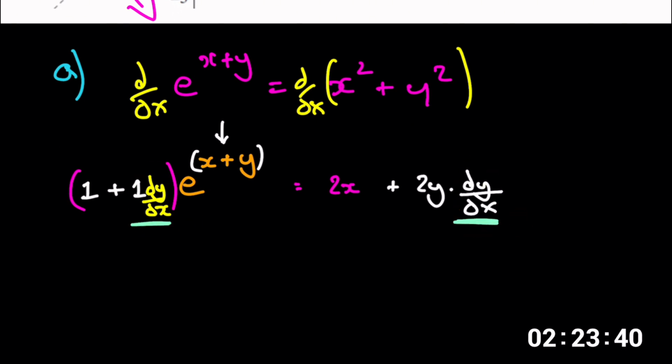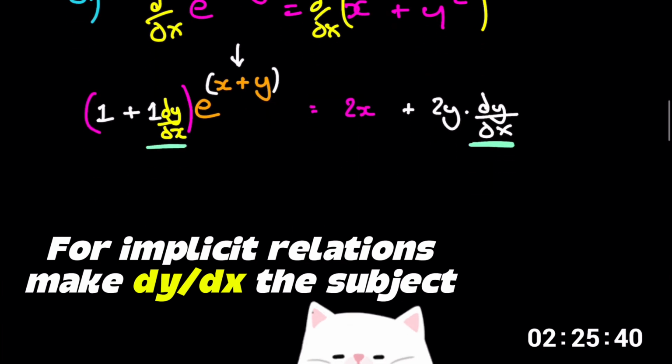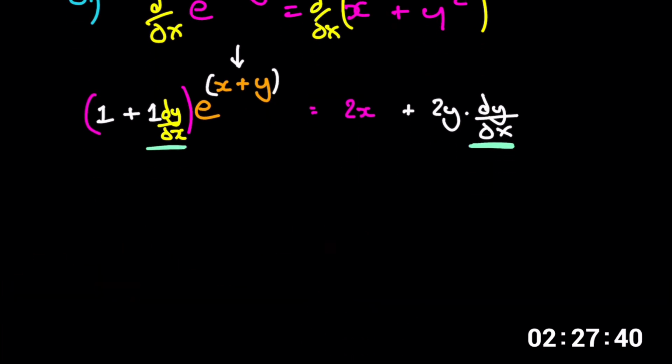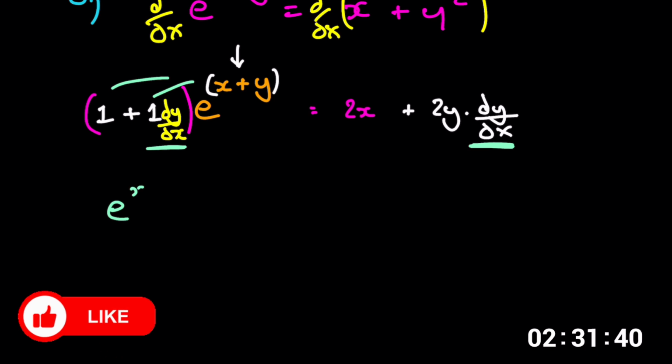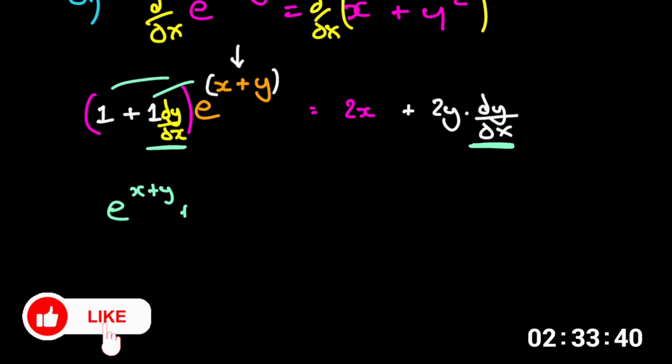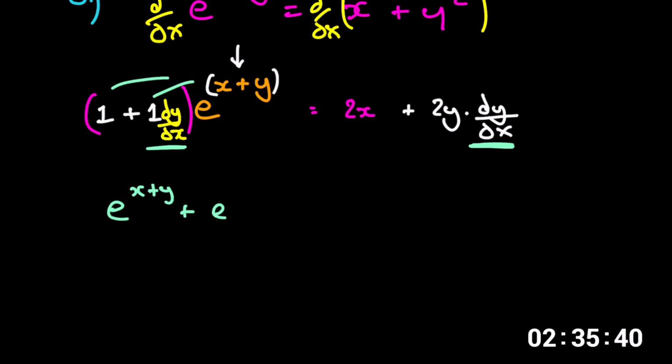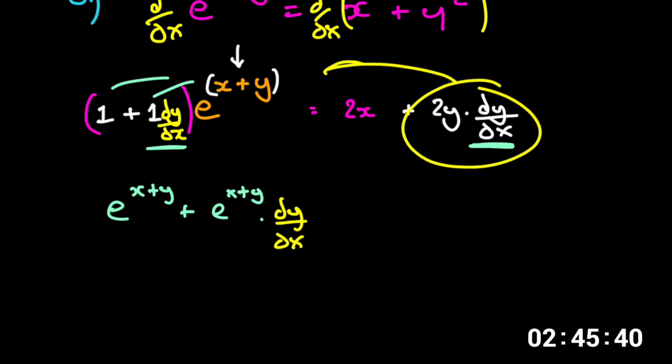First we multiply this out, so we get e to the x plus y plus e to the x plus y times dy by dx. And I'm going to move the 2y dy by dx to the left-hand side.